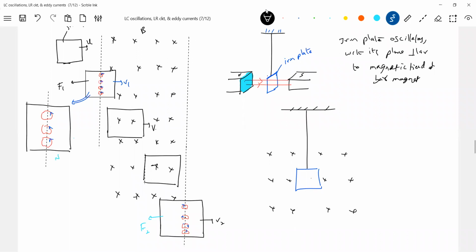When the loop comes to this position, look at now, a part of the loop will have flux linking that changes. So what about here? Eddy current will flow in this region.